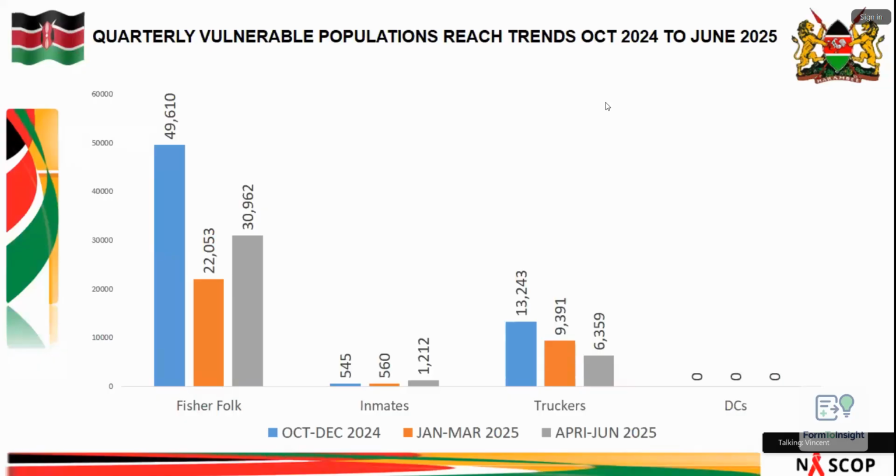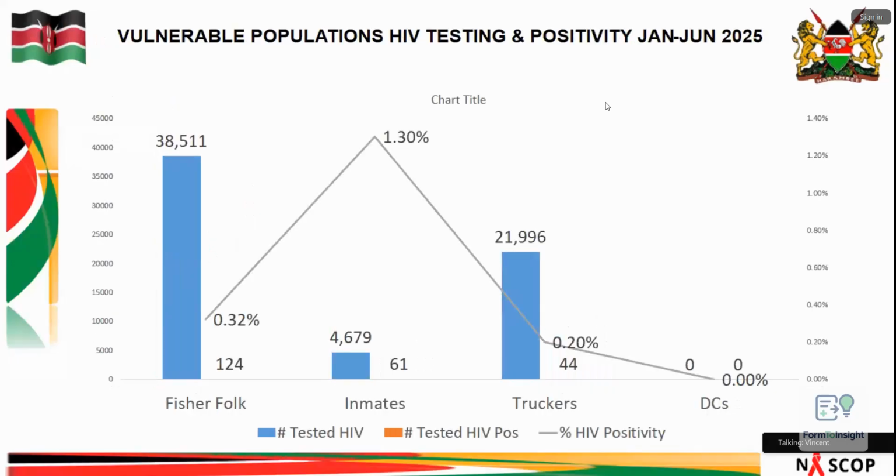For inmates, we have improved because we started with 545, then an improvement to 1,202 as at June 2025. Trackers, we are dropping. We started with 13,000 in the quarter ending December. Then we dropped to 9,000 the quarter ending March 2025, and as at the quarter ending June 2025, we were at 6,359. There are no reports about discordant couples on KHIS, and we need to ask ourselves whether there are counties that are programming for discordant couples and have not yet uploaded the reports for discordant couples.